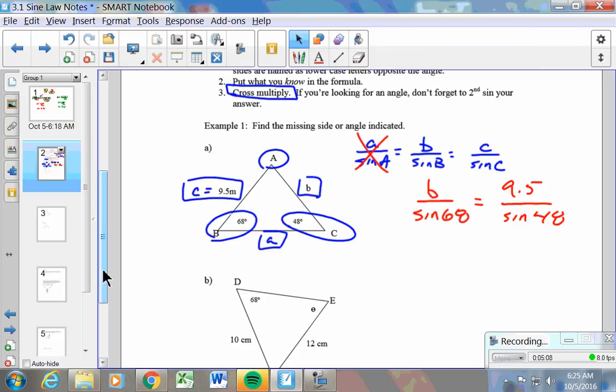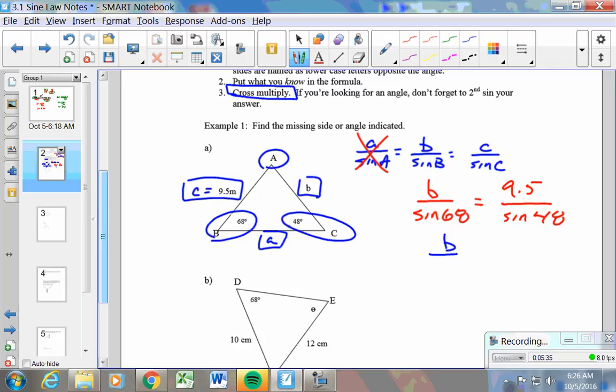This looks very much like that little practice cross multiplying question that we did before we started the sine lesson. What we're going to show you is changing the sine of 68 and the sine of 48 to decimals, and then just working with numbers. You don't have to change these to decimals; if you want to work straight away with the numbers, we can. But let's go with numbers.